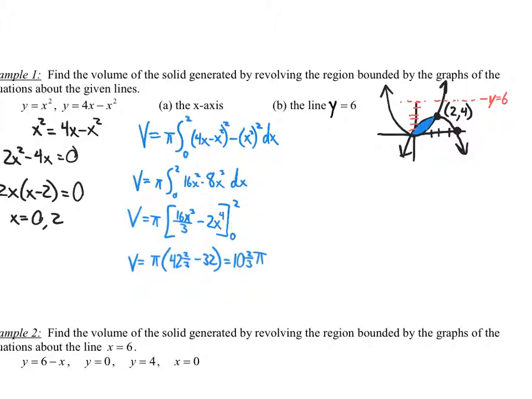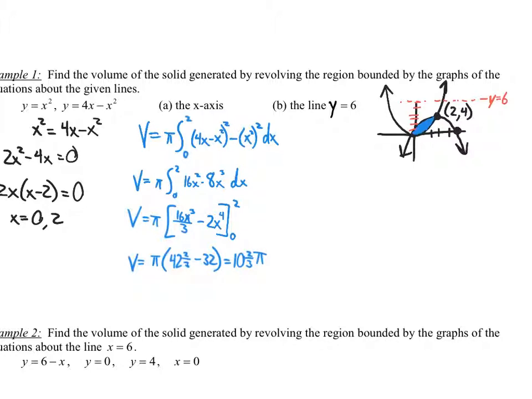So, how could I get it to revolve around the line y equals 6 instead? Add a plus 6 to... You're on the right track. Instead of adding a plus 6, subtract. Why? Let's shift this entire graph down 6 units.